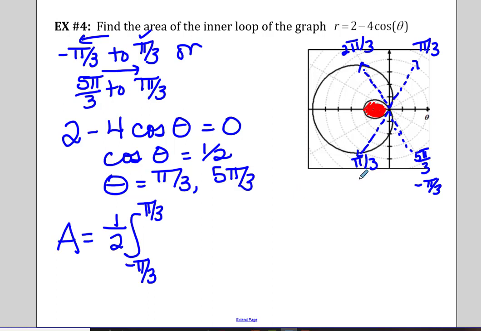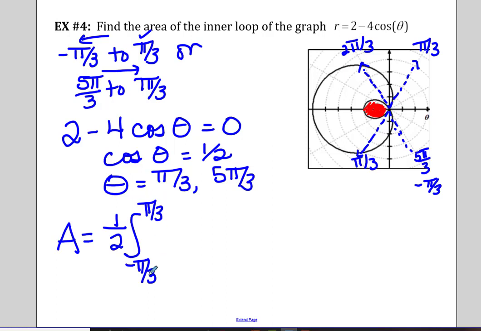So if you consider the auxiliary graph, we would have π over 3 being the first place, and then that inner loop is going to be created and come back out at negative π over 3 if we go backwards, or having 5π over 3 be the first place and then moving forward counterclockwise, we would end up here at 7π over 3.